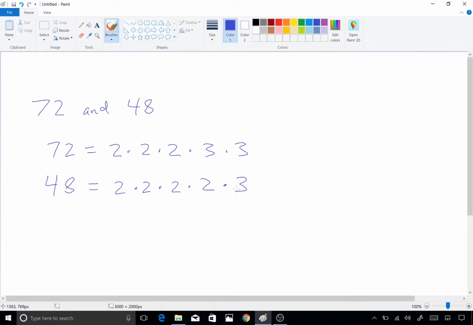Where do they match? 2, 2, 2, 3. The greatest common factor is 2 times 2 times 2 times 3 equals 24.